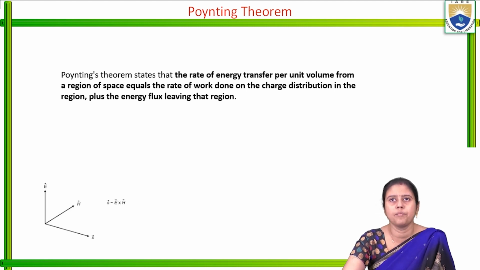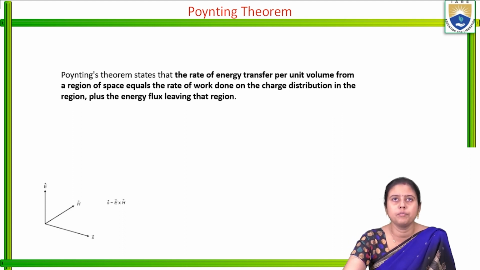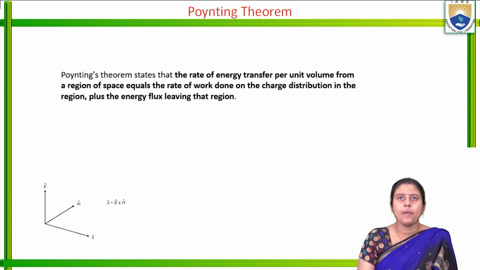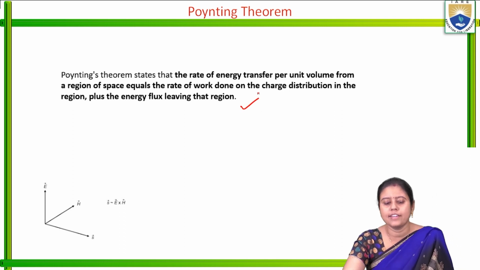What is Poynting theorem? Poynting theorem states that the rate of energy transfer per unit volume from a region of space is equal to the rate of work done on the charge distribution in the region plus the energy leaving the region.